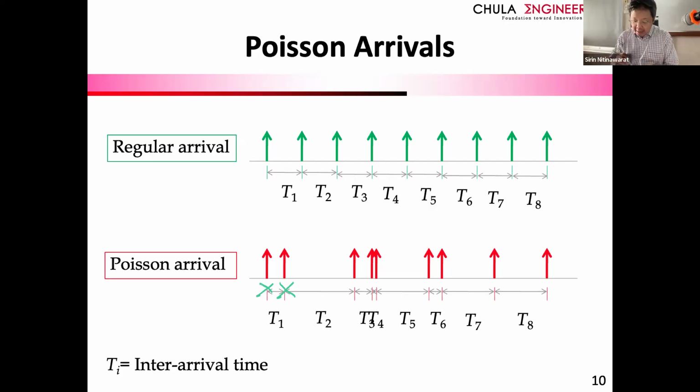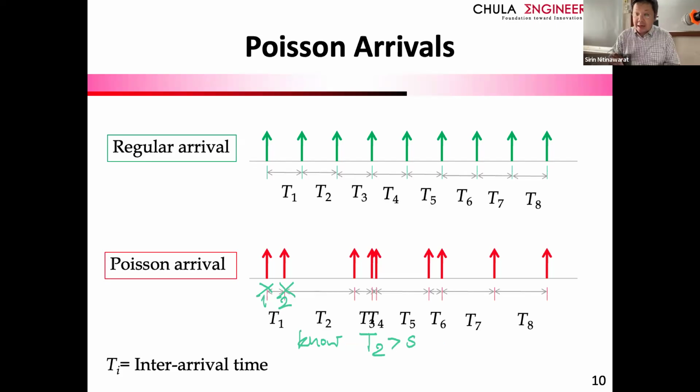So to that end, I can ask the following question. Let's say I know that T2 is larger than s. What do I mean by that? So this is the first customer, this is the second customer.